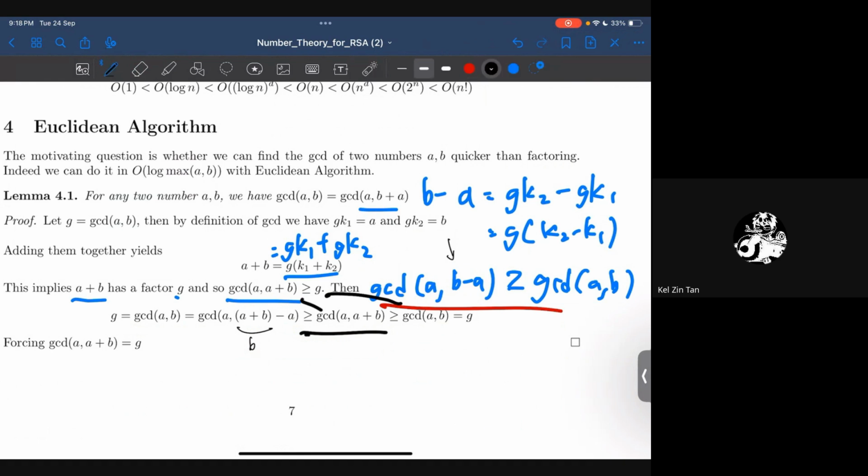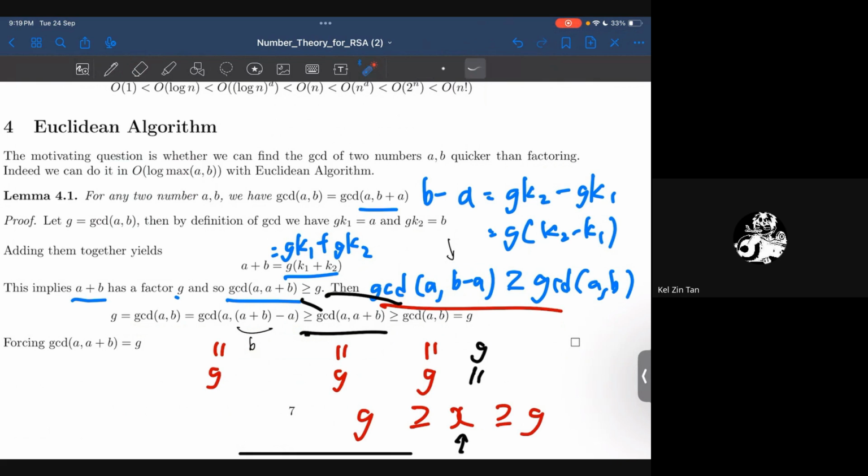So this forces everything to become G. So here, this will become G, this will become G, and this will become G. Because I'm saying that X is larger than or equal to G and also smaller than or equal to G, this implies that this thing must be G. The only value possible here is G. So that is exactly what I am proving here.